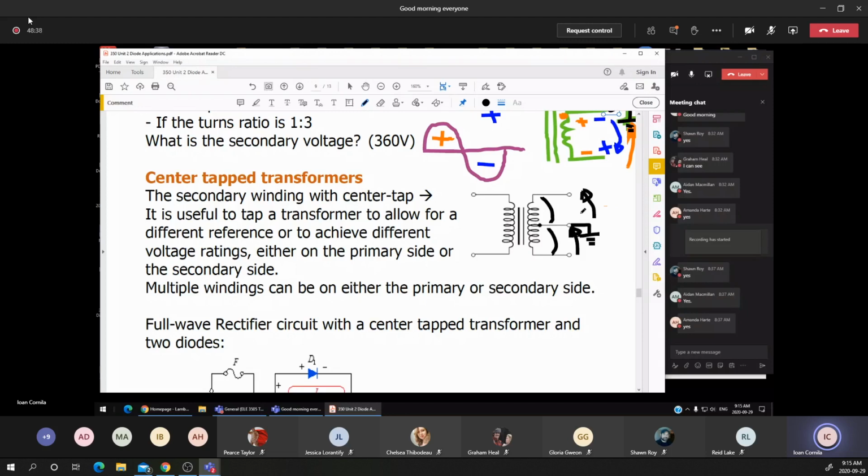The secondary voltage is the voltage between the two terminals.